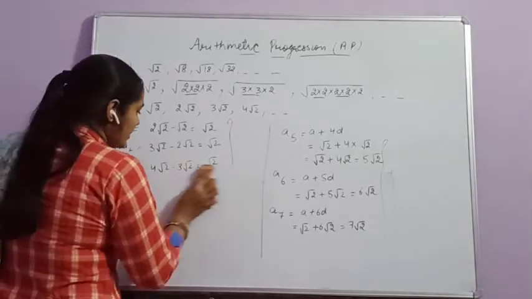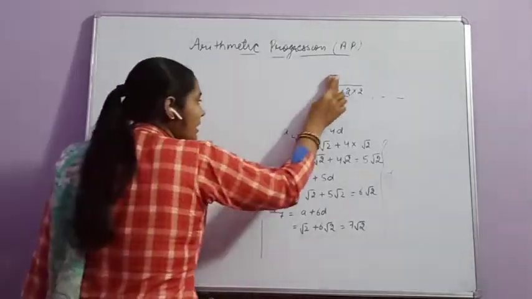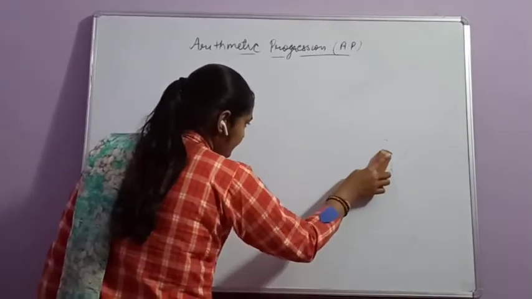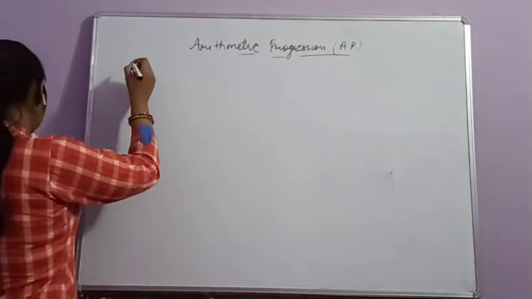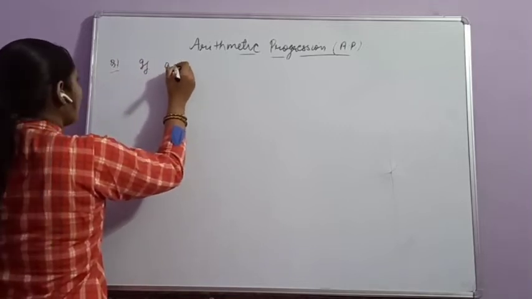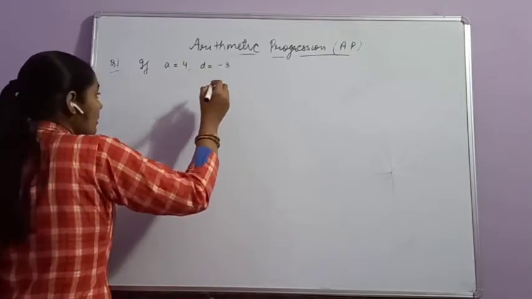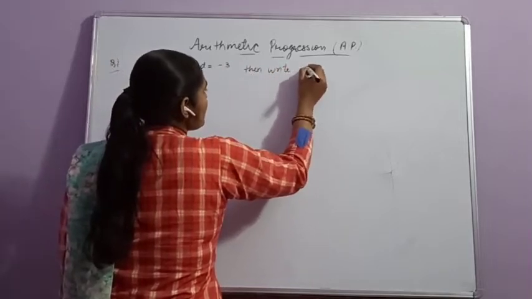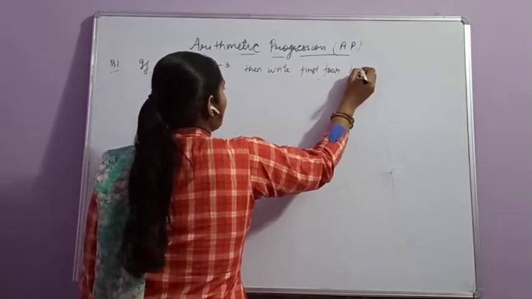Now, next type of question. If the first term and common difference are given to you and you have to form the AP. For example, if A is equal to 4 and D is equal to minus 3, then write the first 4 terms of the AP.